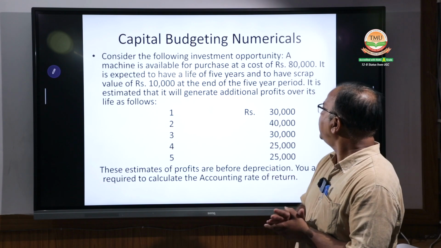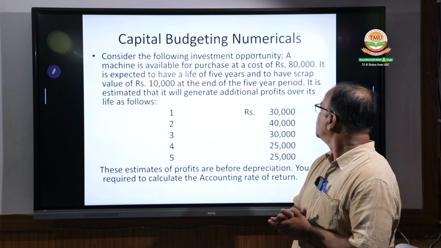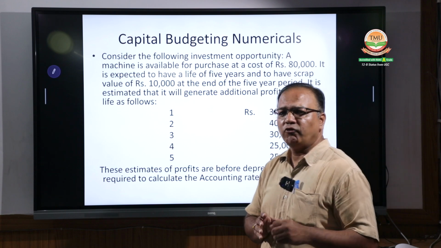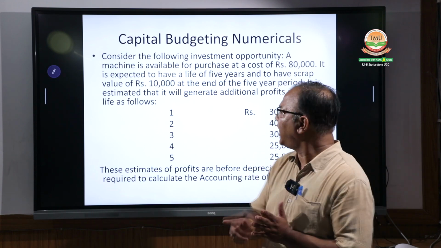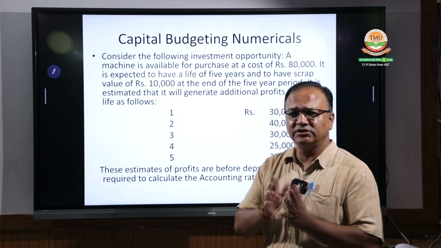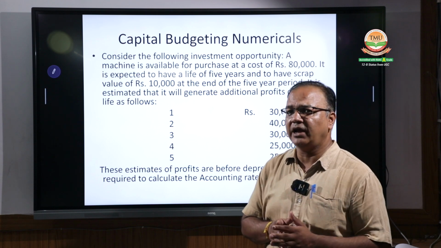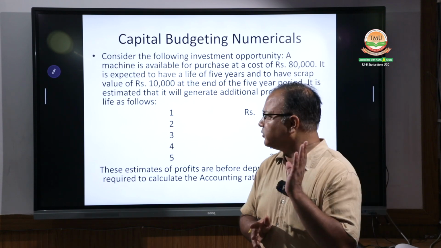It is expected to have a life of 5 years and a scrap value of rupees 10,000. It means if you purchase the machinery at rupees 80,000, its life is 5 years, and after 5 years the machinery is converted into scrap. Whenever you sell this scrap, it will generate an additional cash flow of rupees 10,000.